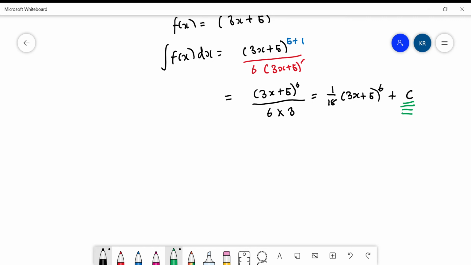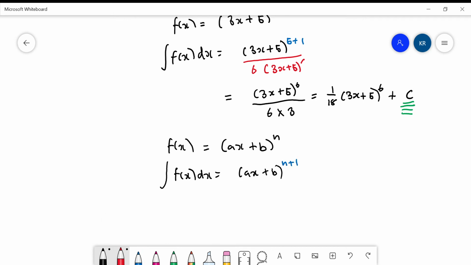So if we have a function where f of x is equal to (ax plus b) to the power of n, if we integrate that, we would get (ax plus b), we add 1 to the power, so we get n plus 1, divided by the new power, which is n plus 1, and the derivative of what's between the brackets, that is a. So this will then become the formula: (ax plus b) to the power of n plus 1 over a times (n plus 1), plus c.